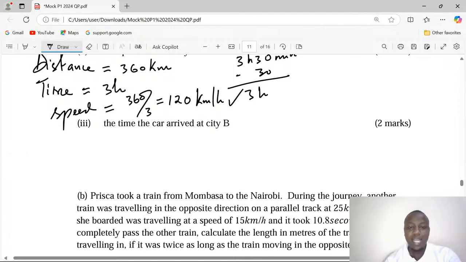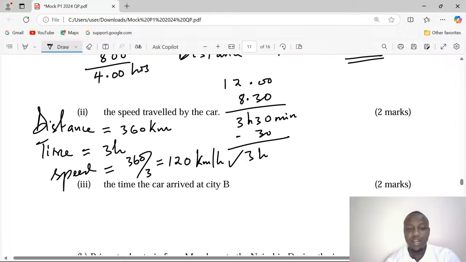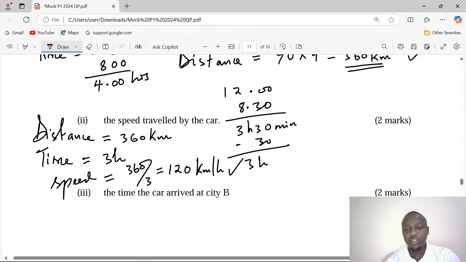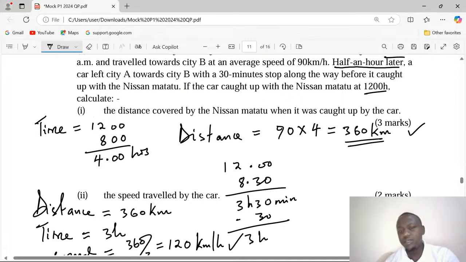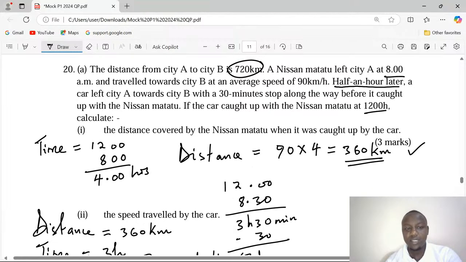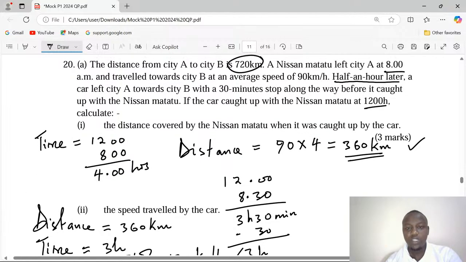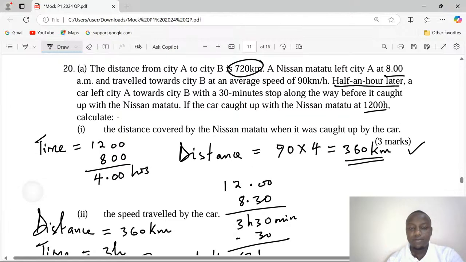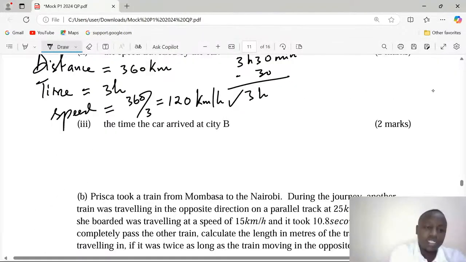The time the car arrived at city B. So the time the car is going to arrive at city B is going to be the time it arrived. Remember that we are having 720 as the total distance. So we're going to take the total distance, divide by the speed of 120 to give us 6 hours.